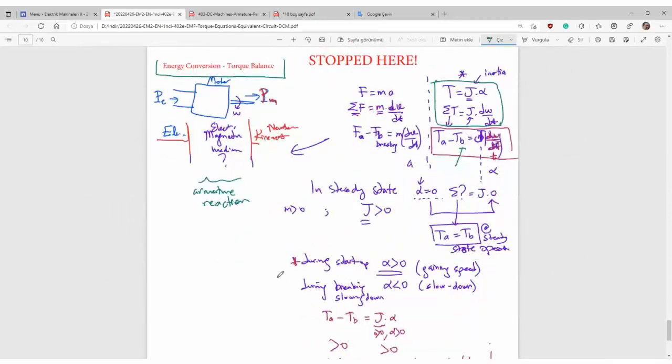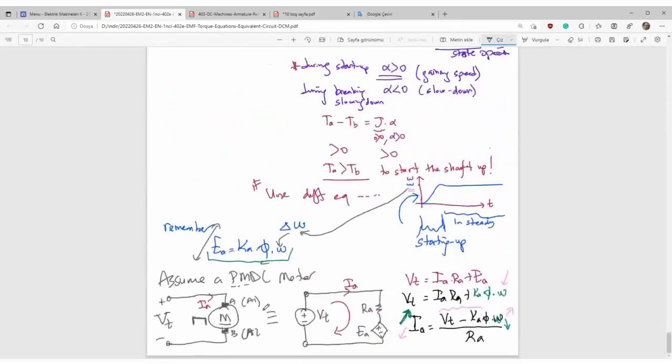Okay, some more. Let me add another perspective related to energy conversion. Generally, in a motor, you see the electromotive force here, this element. If it increases, current will drop.